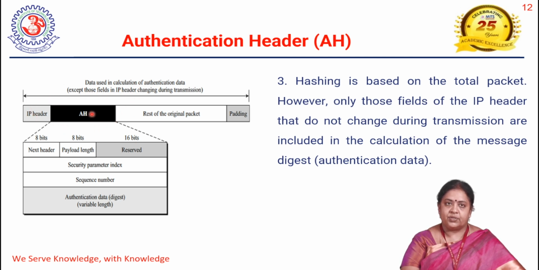For example, in the IP header you have a field called time to live. That field will change continuously: whenever the packet reaches one router, the count will be decremented. So that field is not taken into consideration for the hash function.